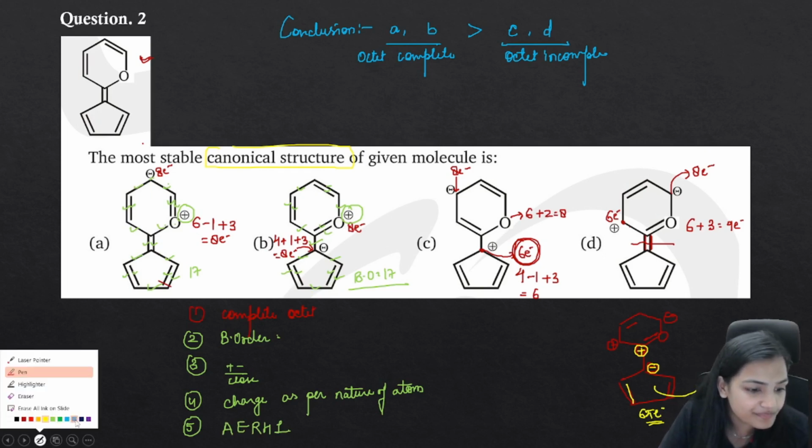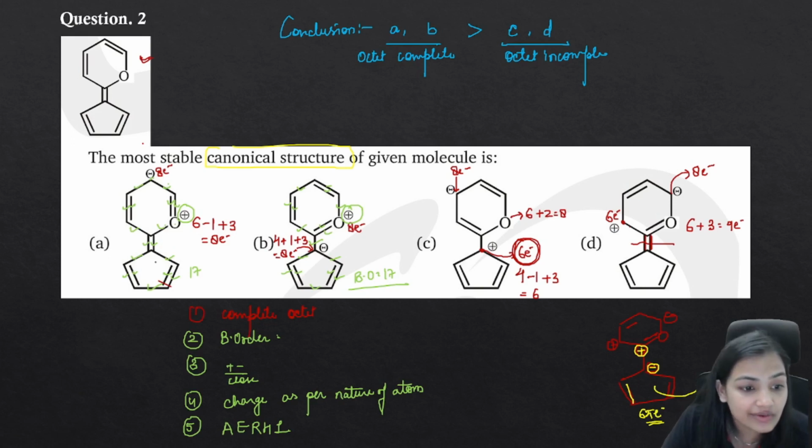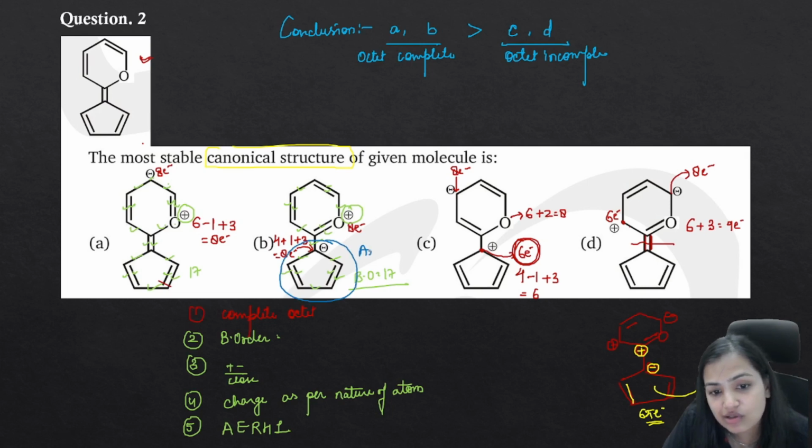Guys, see, in the case of AEHRI, what will happen? If you see the two structures, you will find that in option B this particular ring is aromatic. Why? Because this is a closed cyclic ring, which is also planar.